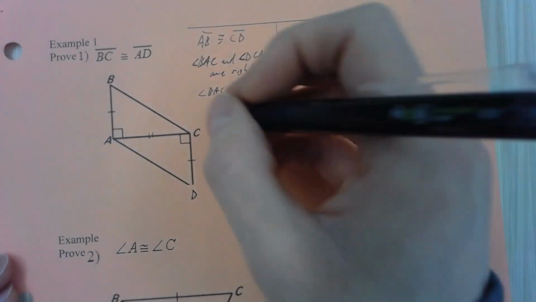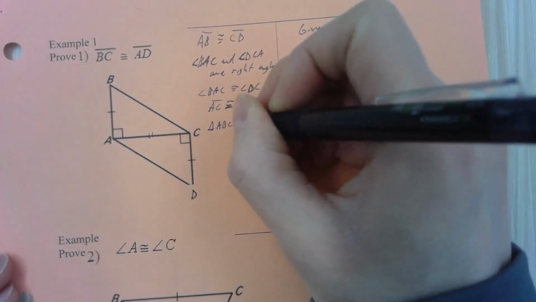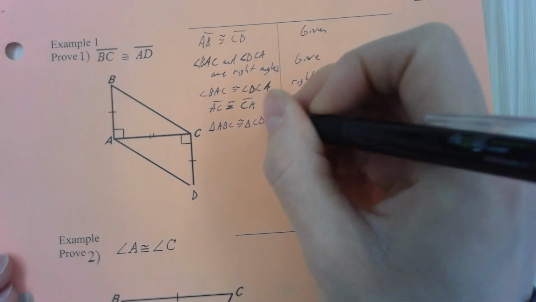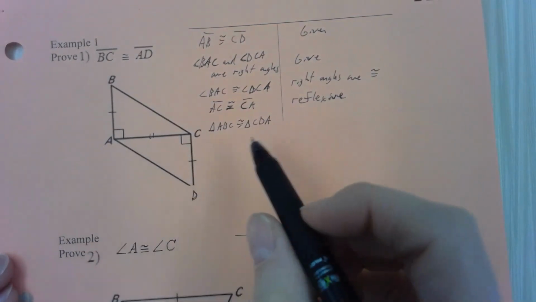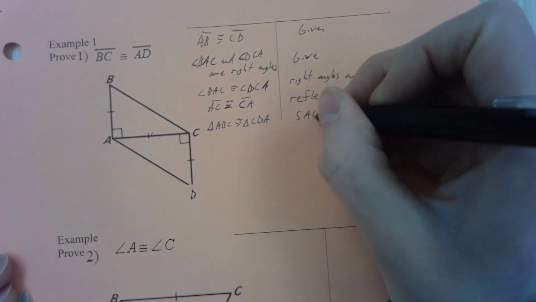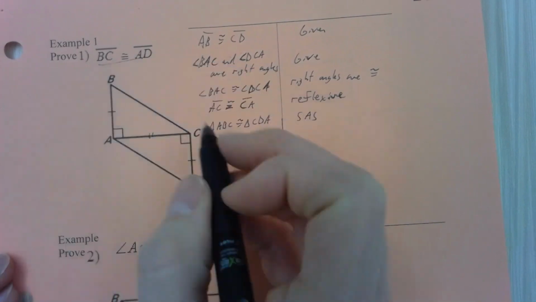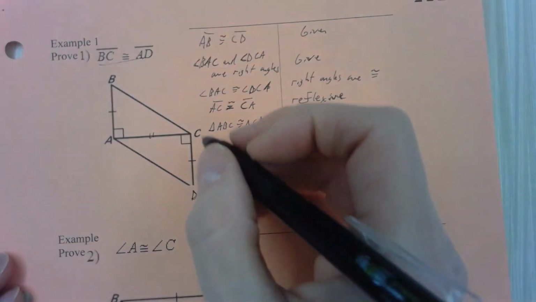Now we're able to say that the triangles are congruent. So triangle ABC is congruent to triangle CDA. So ABC and CDA by SAS. And now we can say what we were trying to prove the whole time. Once we know the triangles are congruent, then we know that all the corresponding parts are.